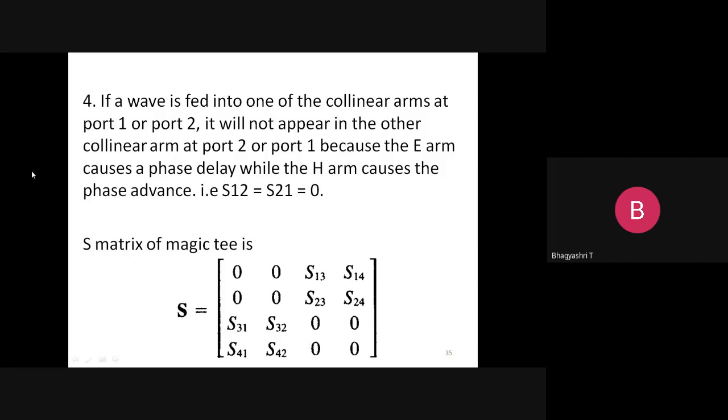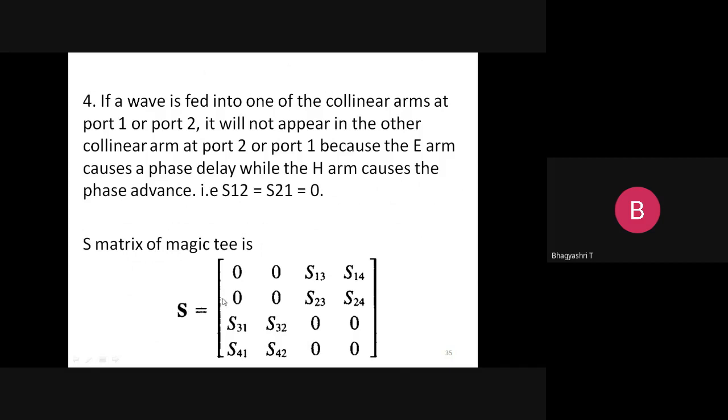And the fourth property: if a wave is fed into one of the collinear arms at port 1 or port 2, it will not appear in the other collinear arm at port 2 or port 1, because the E arm causes a phase delay while the H arm causes a phase advance. So S12 is equal to S21, and this is the S matrix of a magic T.